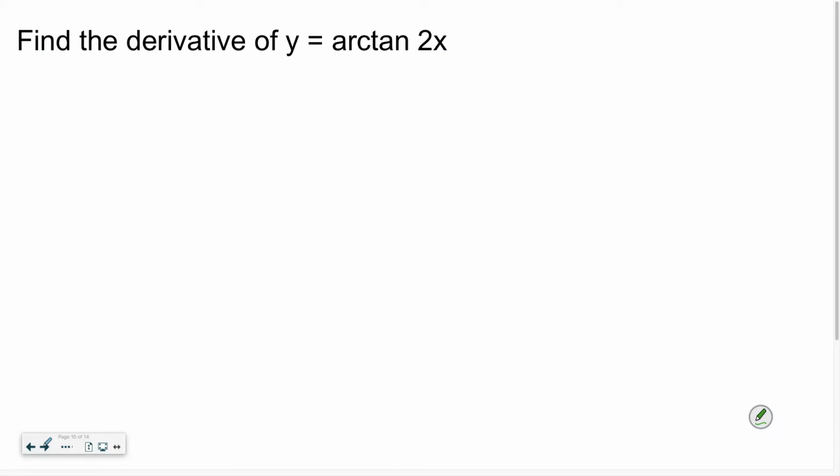All right, so let's look at our first example. You have a box down below for example 1. And what's nice, all of your rules are right above these example boxes. Okay, so we have an inverse tangent. We have arctangent. So when we talk about the derivative, we know that the derivative of the arctangent is 1 over 1 plus x squared.